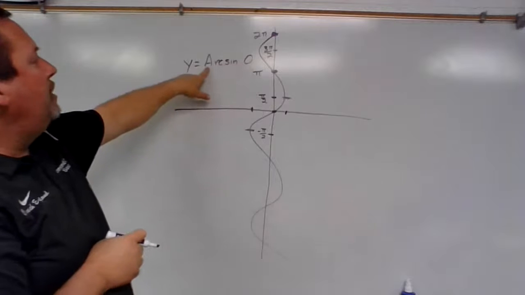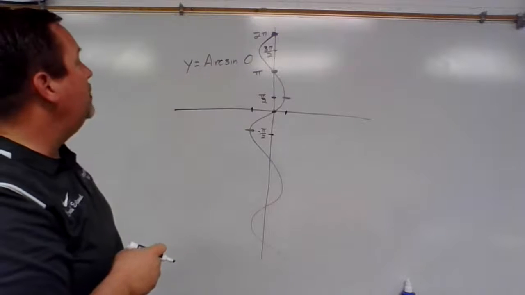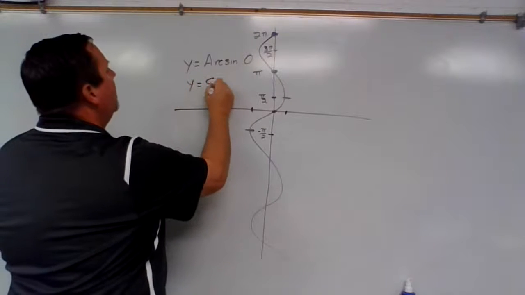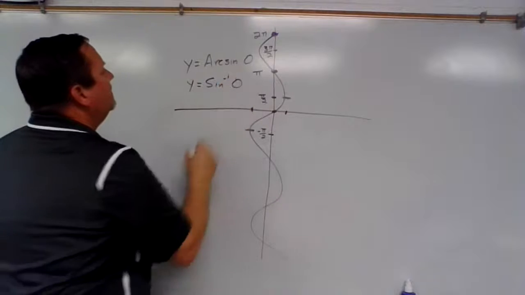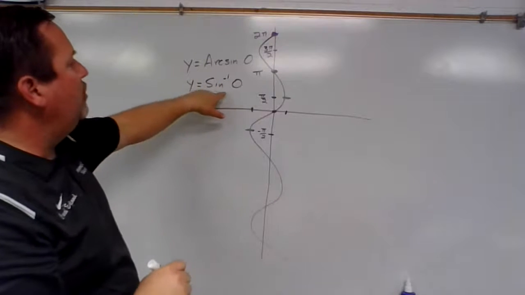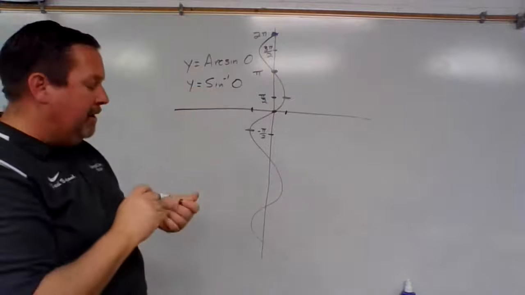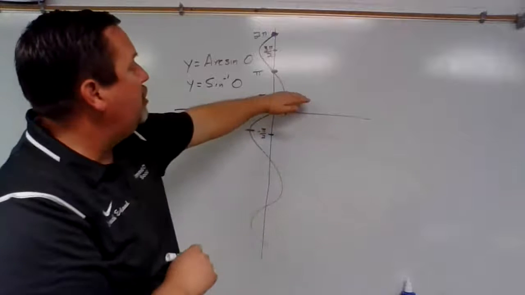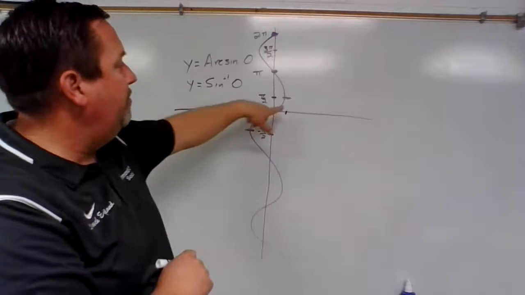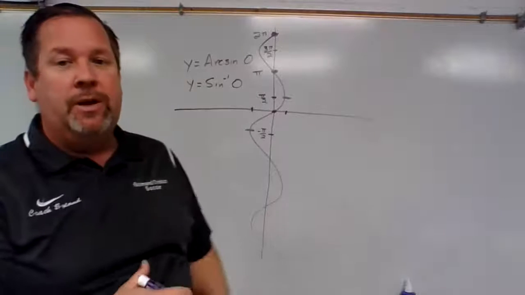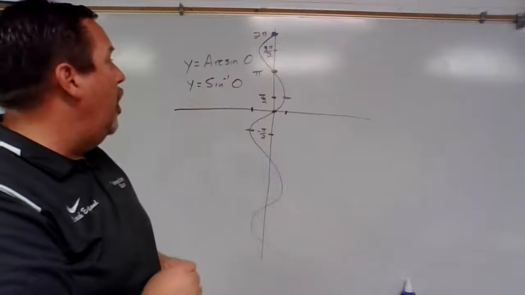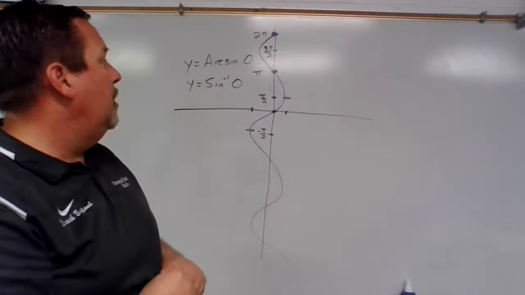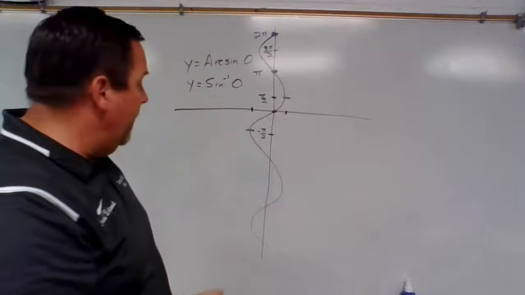Everyone notice I used a capital A. When you start to see capital A's, or if I wrote this as Sin^-1 0, still y equals the angle whose sine is 0. If I use a capital letter, it means we're talking about just these principal values. You can only give your answer from -pi/2 to +pi/2, right? In this lesson, all of the arc functions that we do, we're going to talk about principal values. And we're going to find out how we've got to be really careful about that sometimes.